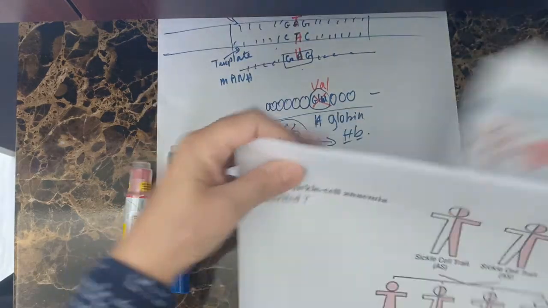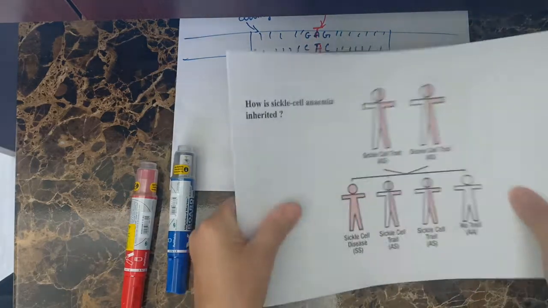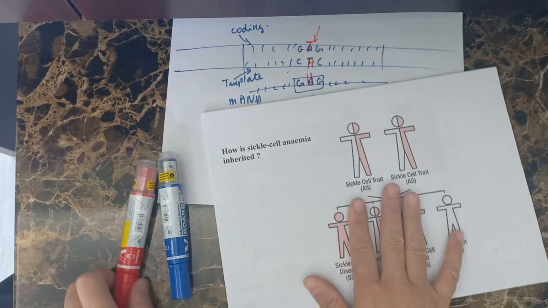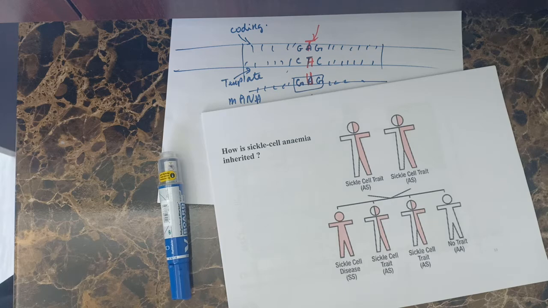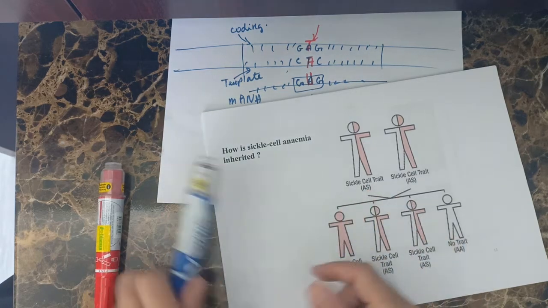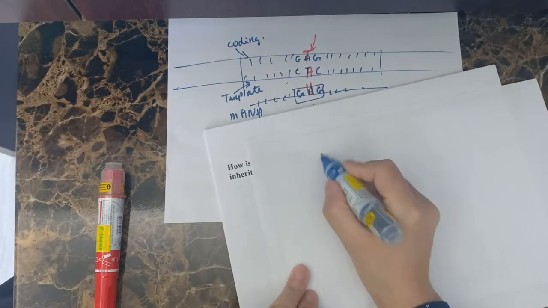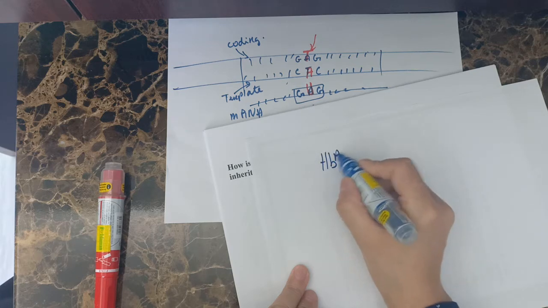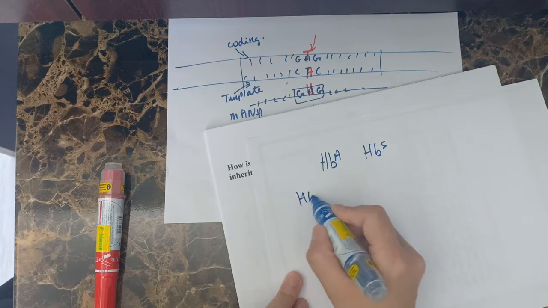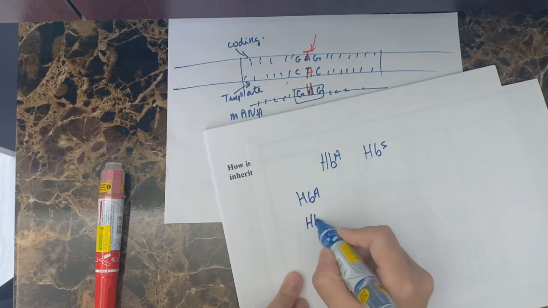Okay, how do we inherit that? How is sickle cell anemia inherited? It appears like a recessive one, but actually it is not fully recessive. So if your father is a carrier, your mother is a carrier, I put here, the father is HbA, HbS, and the mother is HbA, HbS.